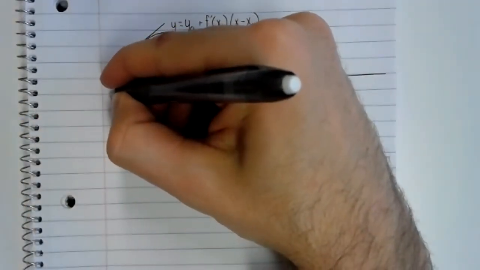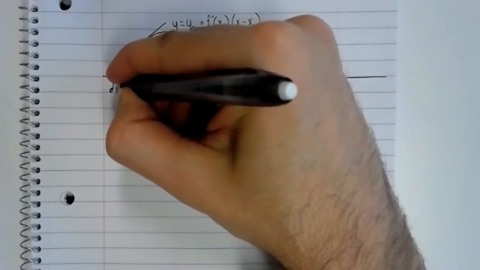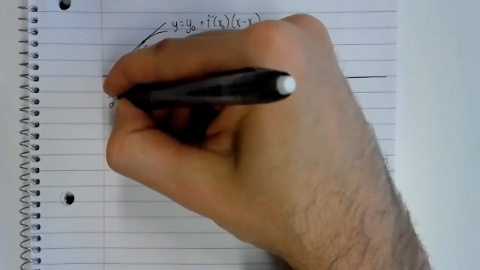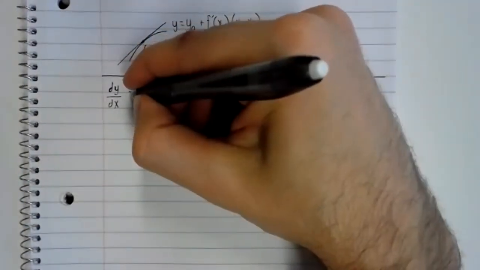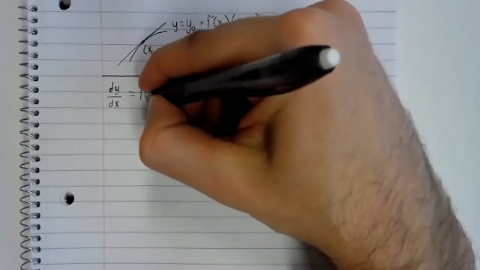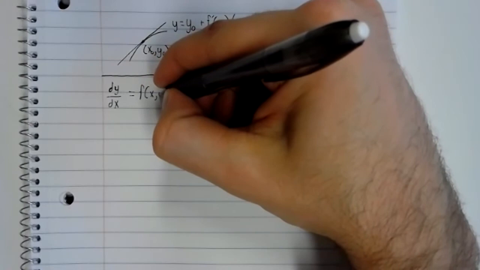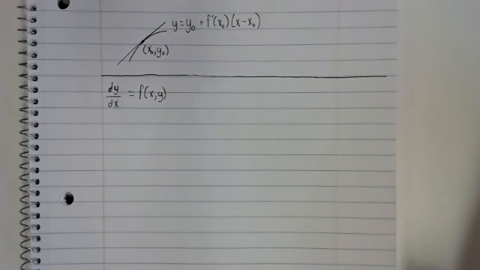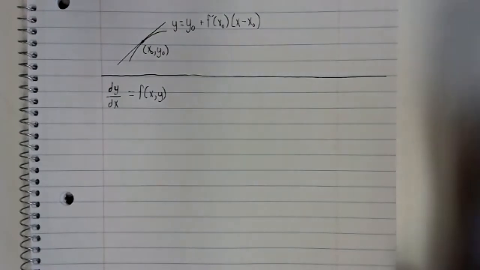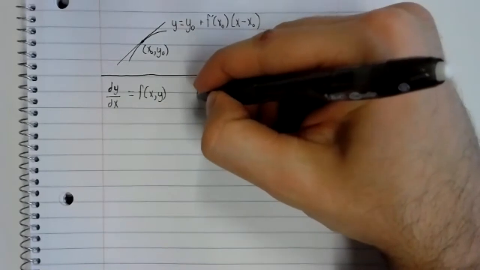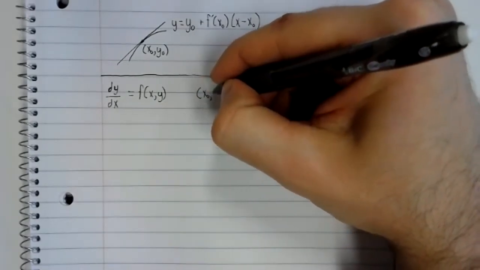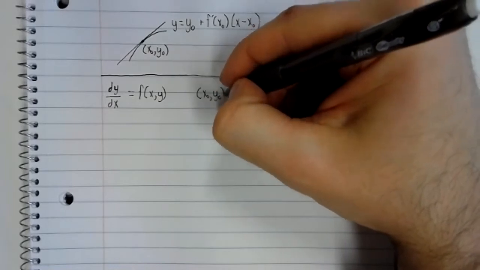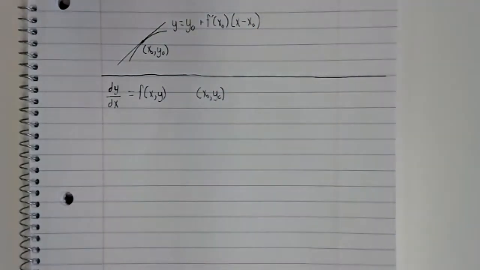Suppose we have an initial value problem. dy/dx equals f of x comma y, and an initial condition. This curve goes through the point x0, y0.